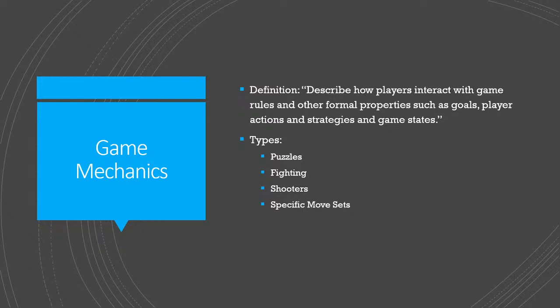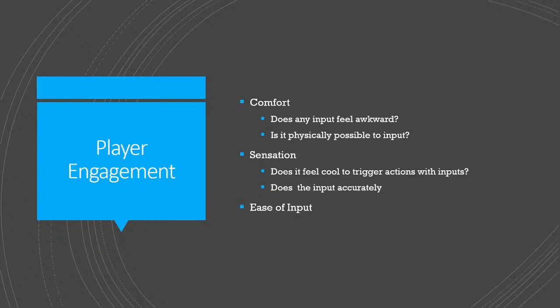These could range from puzzles, fighting, shooting, to specific move sets like crouching, climbing ladders, talking to AI. Game mechanics can be a very long range of things, but today we're focusing on actions because we're looking at how to control a player.